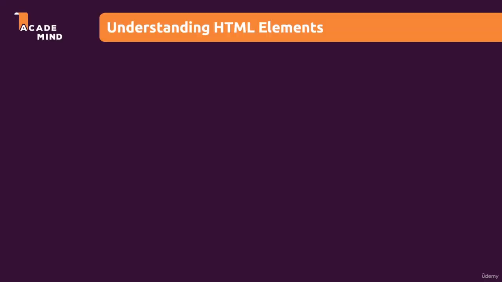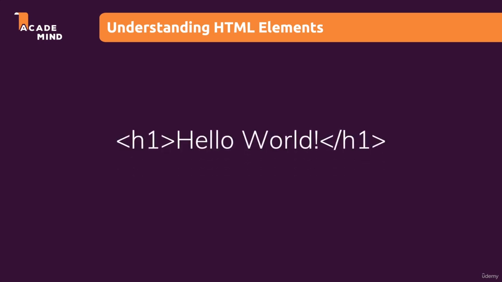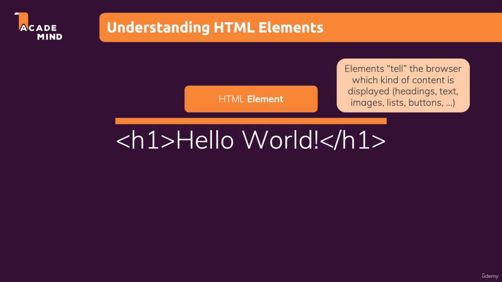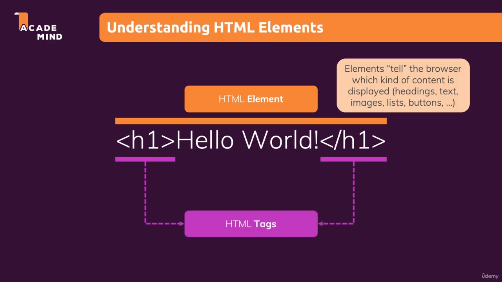So let's now understand these HTML elements and how they are written and structured and what their different building blocks are. As I just said, this entire thing which we wrote is a so-called HTML element. And those elements as a whole tell the browser what our content is and which kind of content it is. We do inform the browser about the type of content with help of those angle bracket things which are called HTML tags.